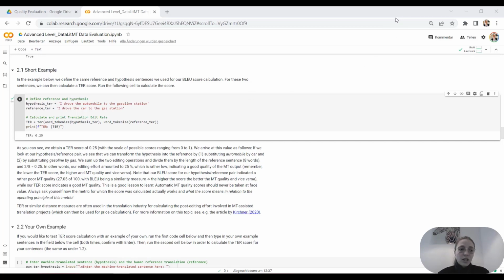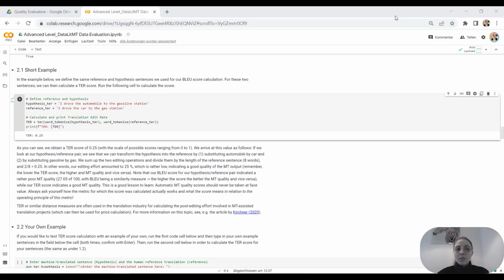And it is interesting to see that we get a better value for TER for the same sentences in comparison to the BLEU score value, which was only 27 out of 100. So this shows us that for the same hypothesis in comparison to a reference sentence, we get 2 very different scores depending on the metric that we use to calculate these scores, showing us that it is always really important to situate your scores within what it means, by looking at how these metrics are valued, but also by maybe calculating different metrics to receive different scores and compare those.